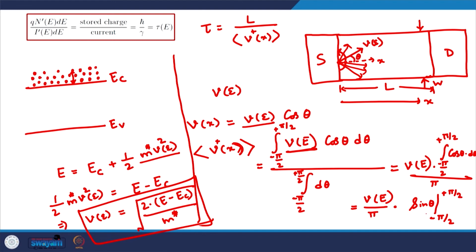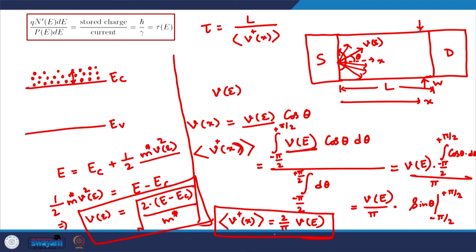Sin pi by 2 is 1 and sin minus pi by 2 is minus 1, so that will be 2. So, the average velocity will finally be 2 by pi VE. This will be the average velocity of electrons in x direction.